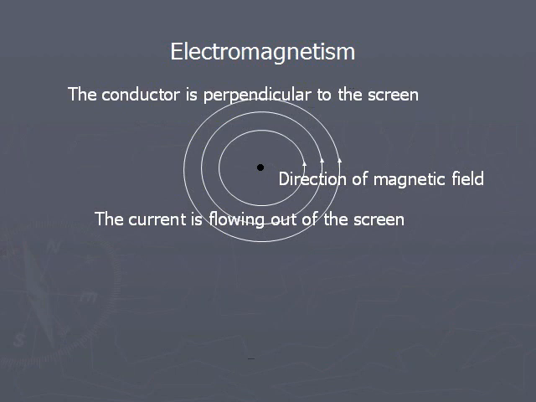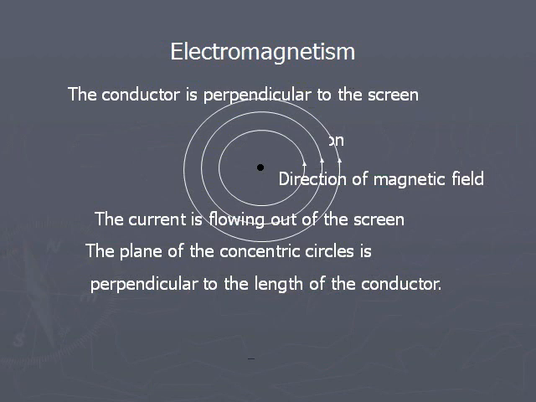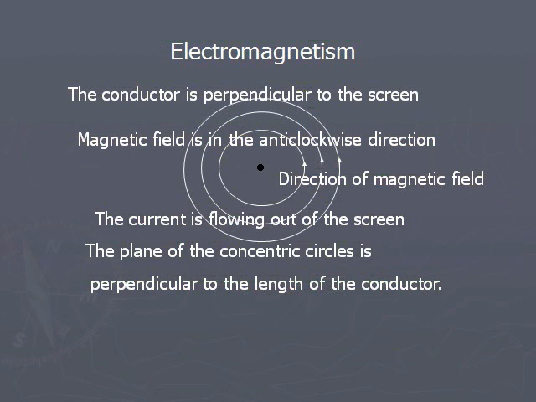When the current is flowing out of the screen, the magnetic field lines will be in the anti-clockwise direction, and these circles will be in the plane of the screen.